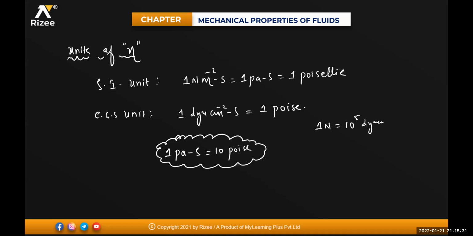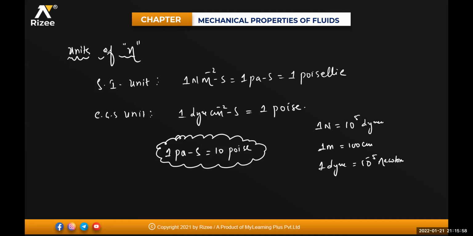1 Newton is equal to 10 to the power of 5 dynes. 1 meter is equal to 100 centimeters. Clear? Or else I can say that 1 dyne is equal to 10 to the power of minus 5 Newton.